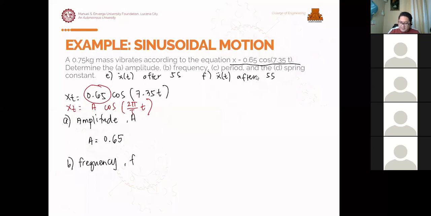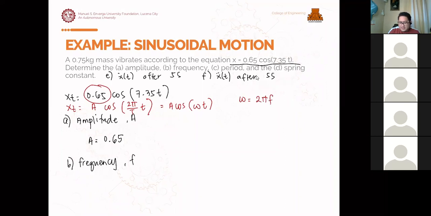Or doon sa formulation natin kanina, di ba pwede natin represent din to as A cosine of omega t? No? And omega, alam natin, equals sa 2 pi f.